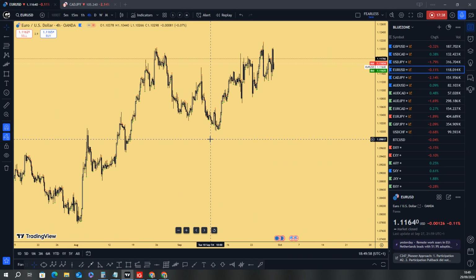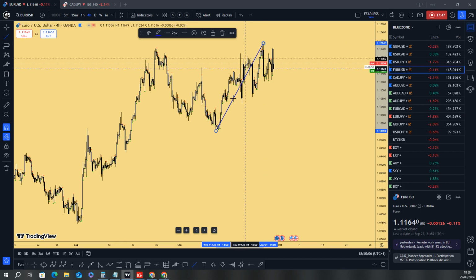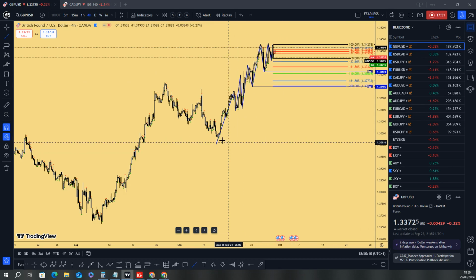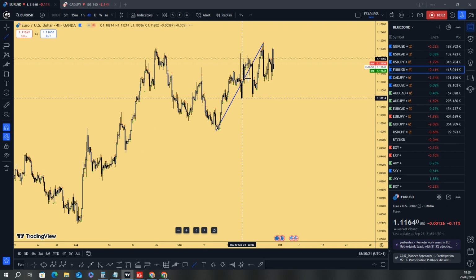Okay, as you can see, this move here, take a mental picture of this from this low to this high, and look at the pound. You see how this one stretched out above the previous high, like into space. And look at this.